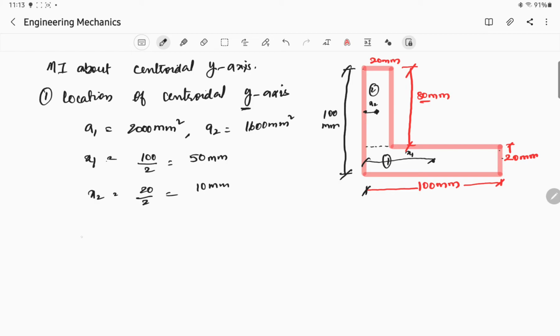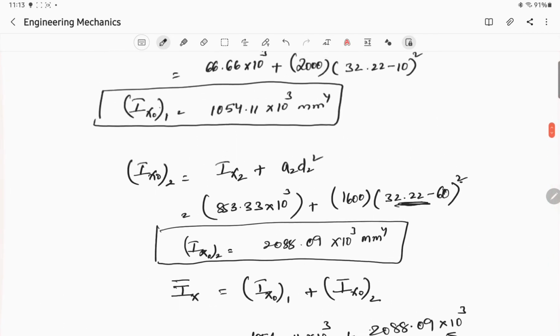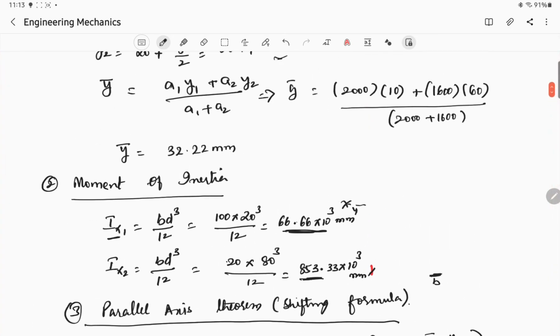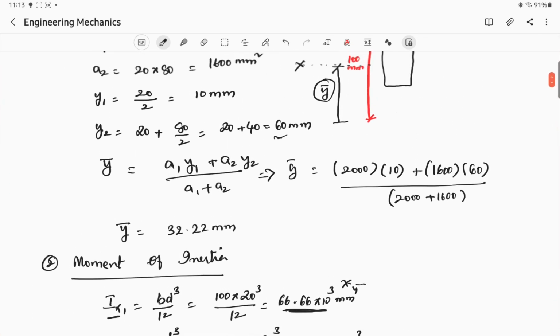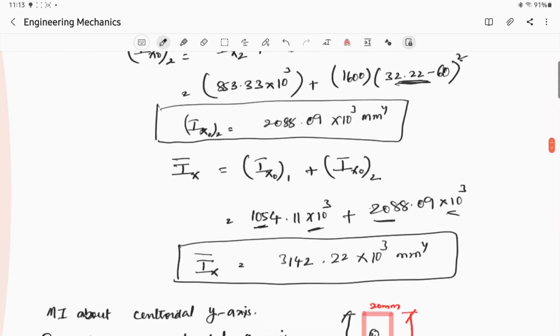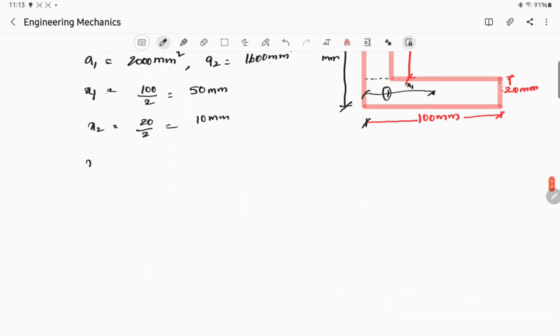Alright, so how to calculate y bar or x bar? See here how we have calculated x bar. x bar is equal to A1 x1 plus A2 x2 whole divided by A1 plus A2.